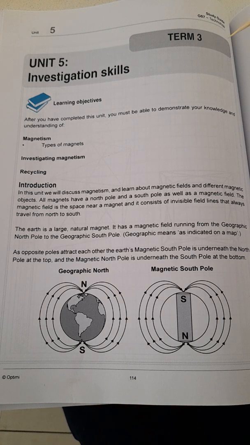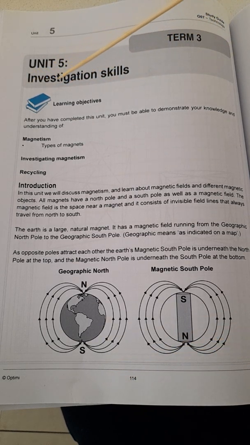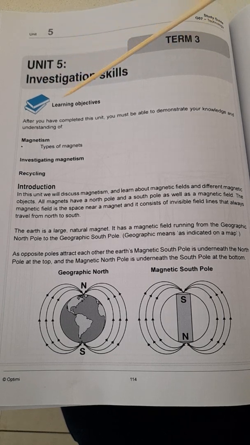Welcome to Term 3, Technology Grade 7, and we are starting with Unit number 5 on page 114 of your textbook. And we are going to look at different investigation skills.